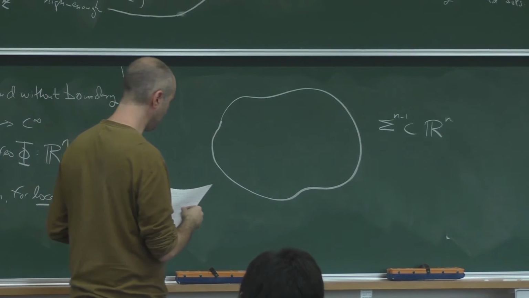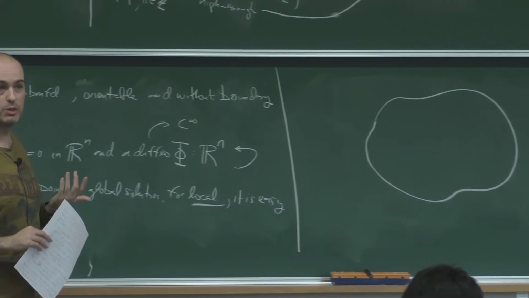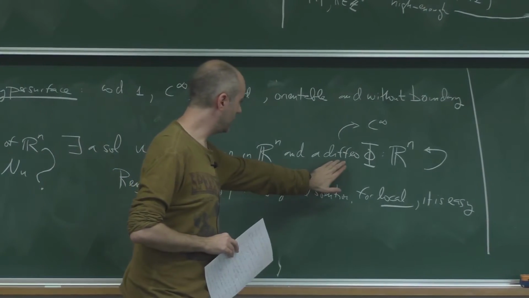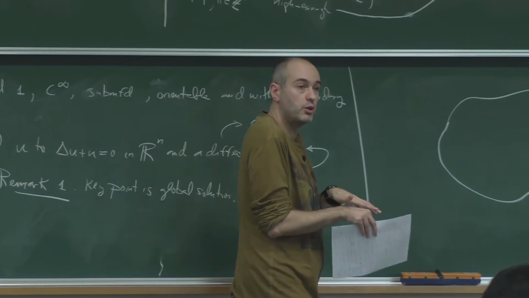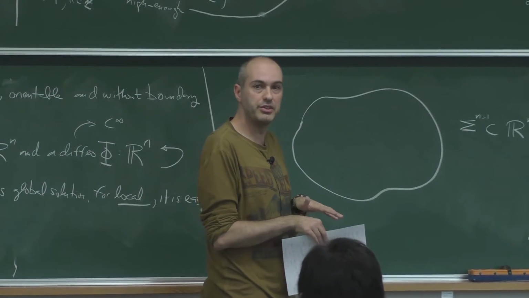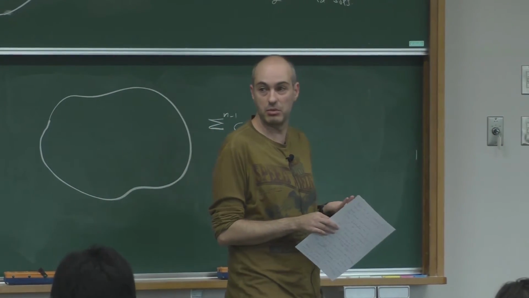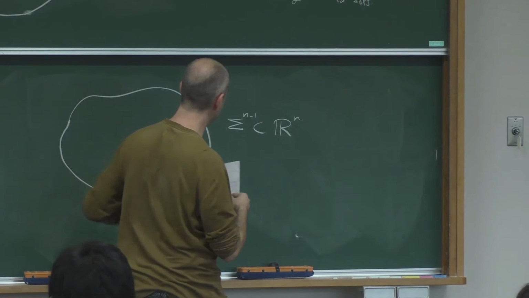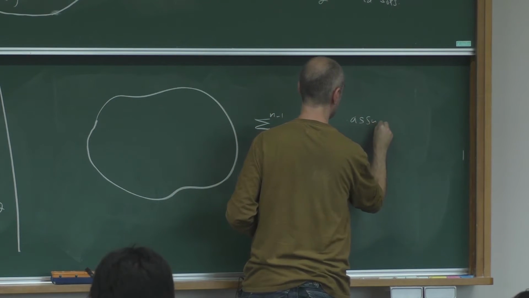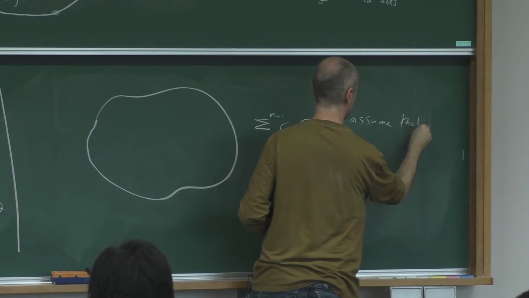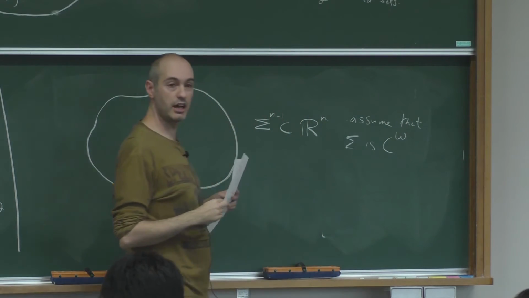Of course, since our statement will always involve a diffeomorphism, we are free to deform our hypersurface as we want, in case it helps. So let's deform this to make it analytic. We deform and we can assume that sigma is a real analytic hypersurface.